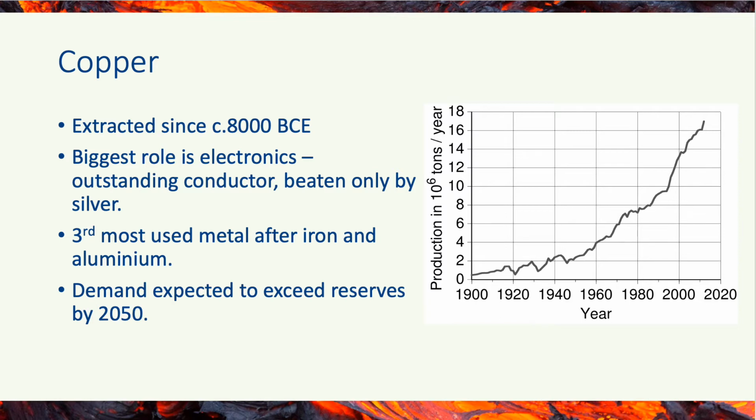And the crux of this problem we're coming to is that we're anticipating that the demand for copper is going to exceed our known reserves of copper by about 2050. So in less than 30 years, we could be looking at running out of copper.